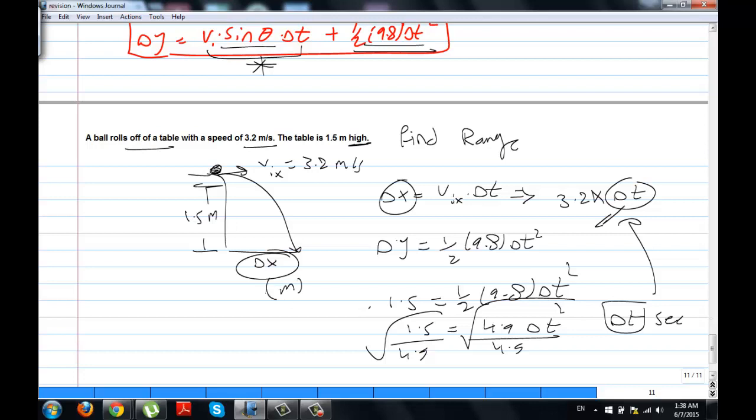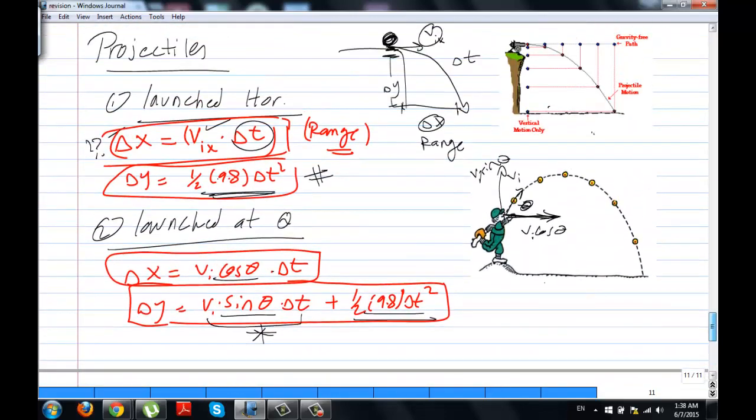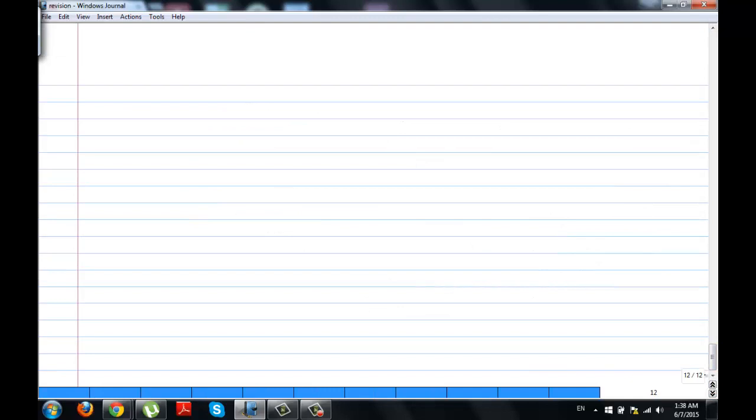So these are the basic concepts of the two-dimensional motion. If you have a projectile that is launched at an angle at a speed of 15 meters per second at an angle of 60 degrees, for example, this is delta t, this is the delta x, or the range.